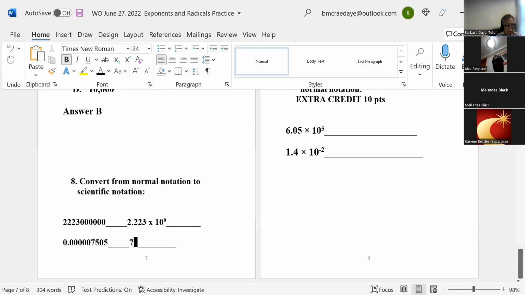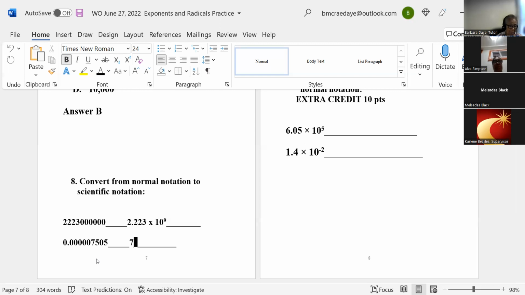How much is this number? First of all, is it 7,500 or 7,505? Where would I put the decimal for scientific notation? Would it be 75, 7.5, or 750?